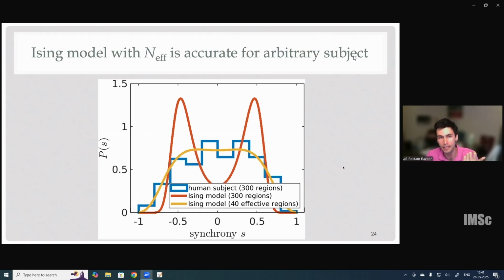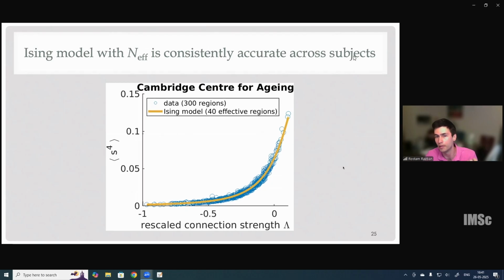And this is technically not an additional parameter, because this 40 regions works perfectly well across all human subjects. Before I was showing you distribution data for just one human subject. Now I'm showing you the fourth order moments for all the subjects, around 700 from the Cambridge Centre for Ageing dataset. Each circle corresponds to a unique human individual.